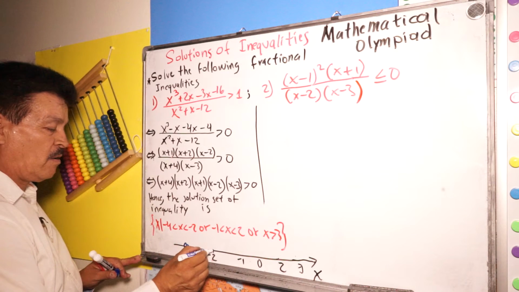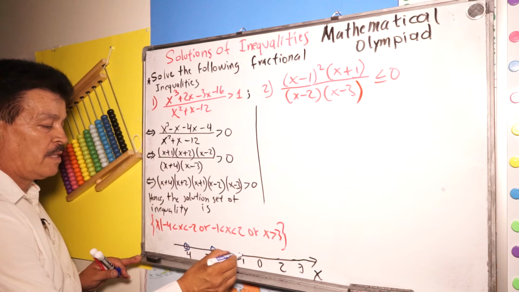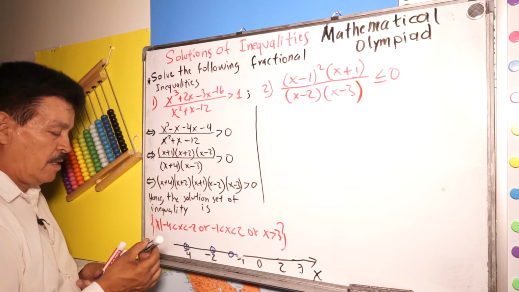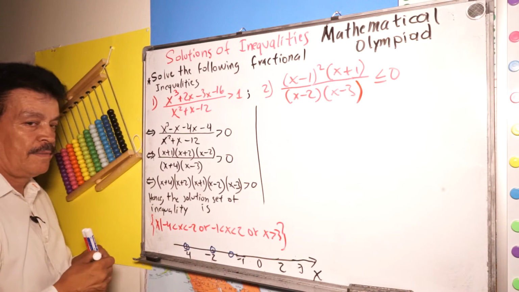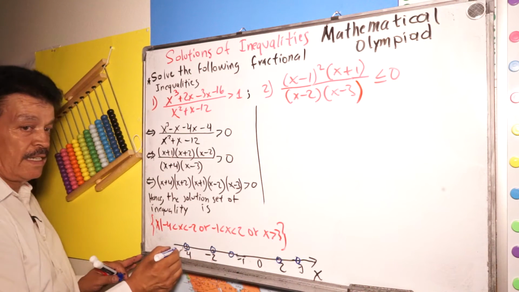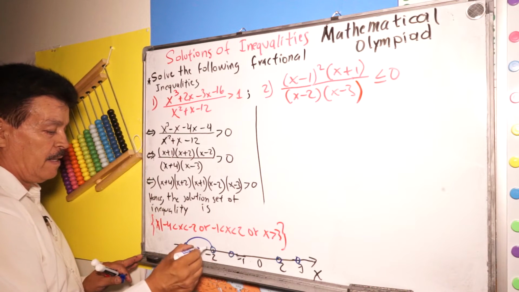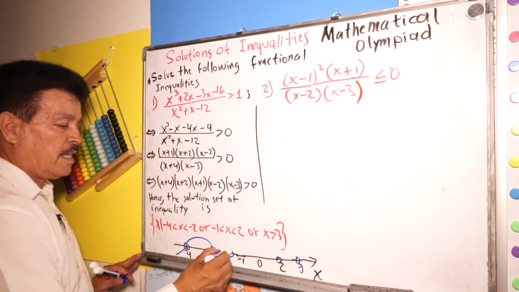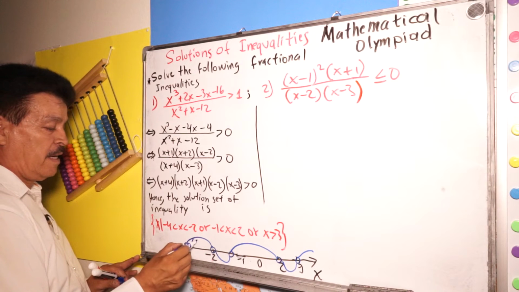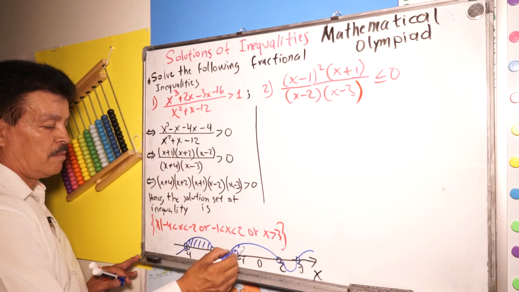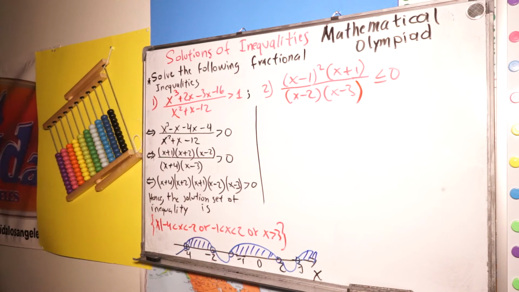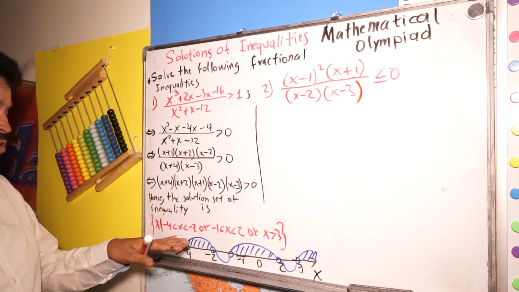Open circle here, open circle, open circle, and 0 is an open circle and 3 is an open circle. So the area that you must color, mark with color, is this area. So that's the graph for the solution of this inequality.